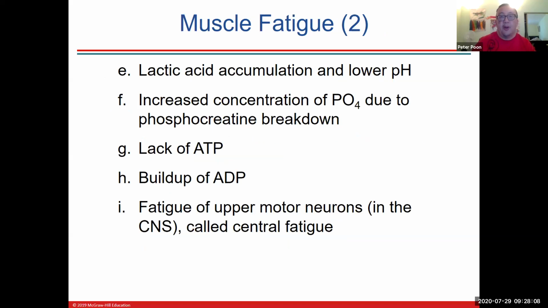Muscle lactic acid accumulation lowers pH, making it more acidic. There is an increase in the concentration of free phosphate, and a lack of ATP and therefore more ADP, etc. Or there can be fatigue of upper motor neurons.